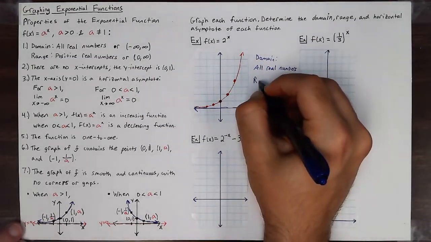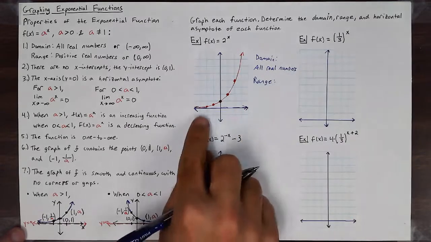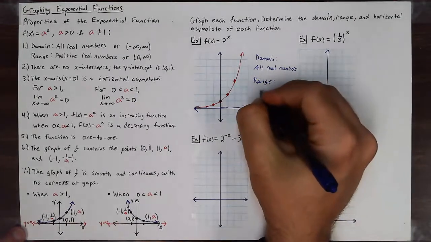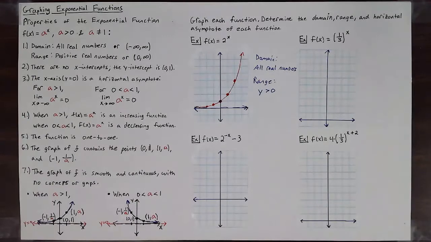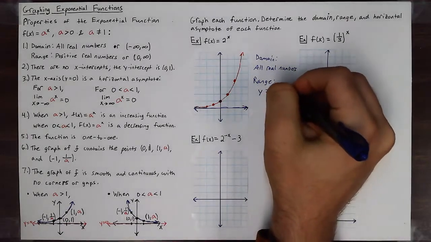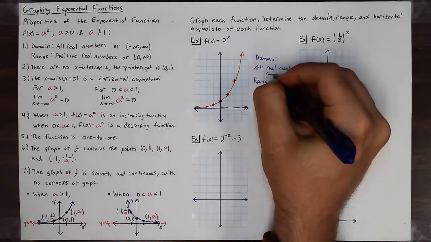The range is usually on one side of the horizontal asymptote, which in this case I'm above it. So the range should be y is greater than 0, as x becomes very large. Another way to put that is 0 to infinity. And another way to write all real numbers is -infinity to infinity.